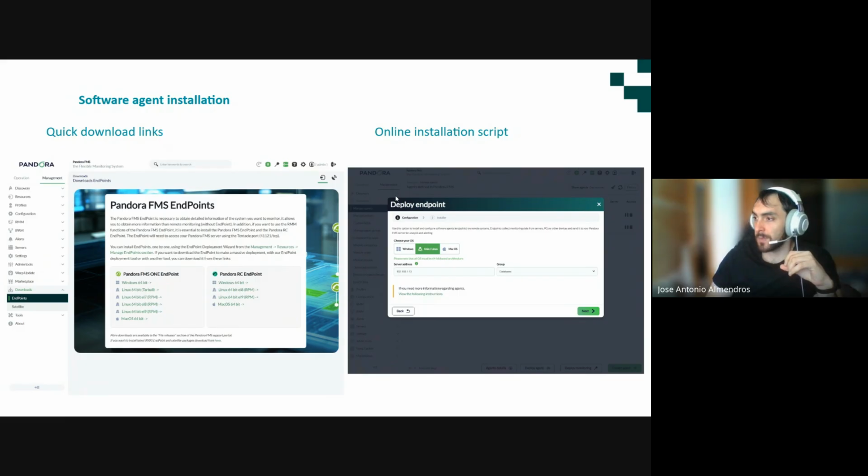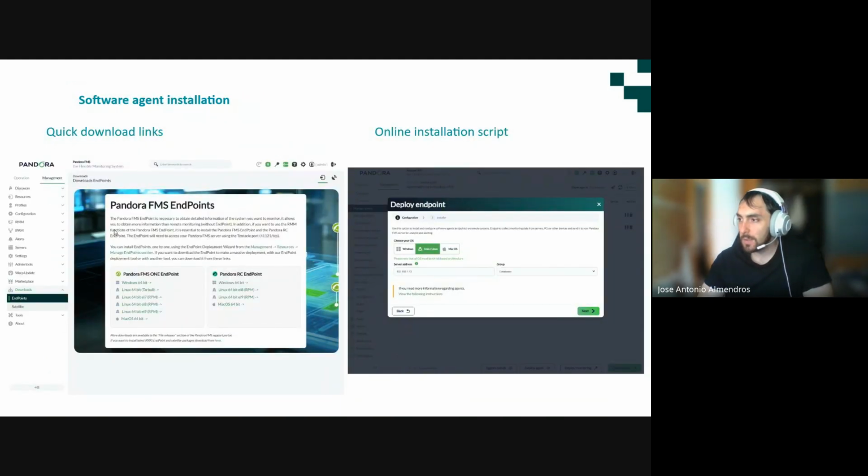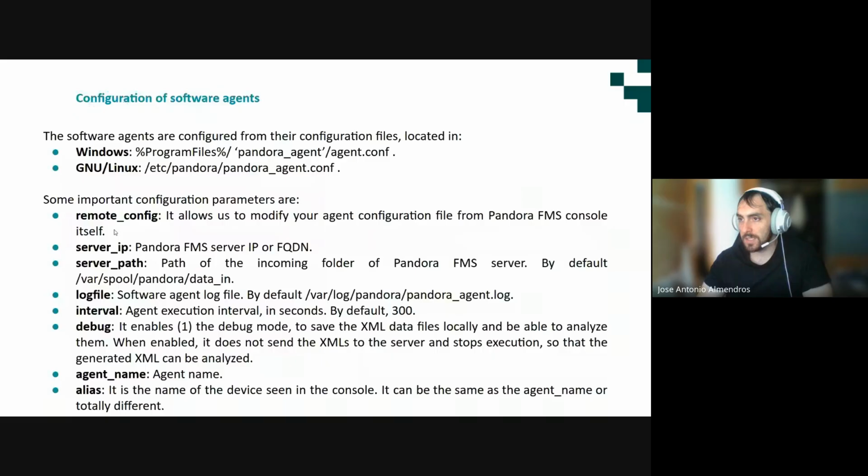Here it explains how to install the endpoint, but we installed it yesterday, so we can skip this step. The configuration file of the agents once installed is in these paths.